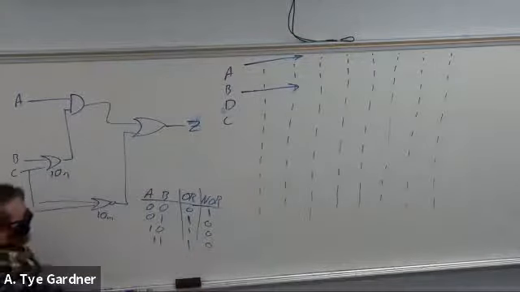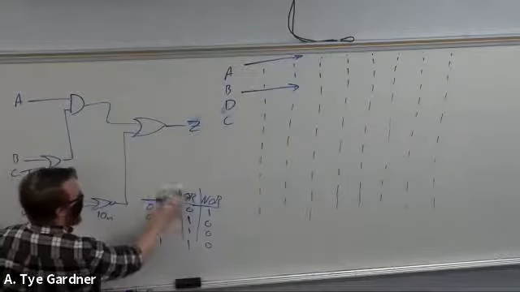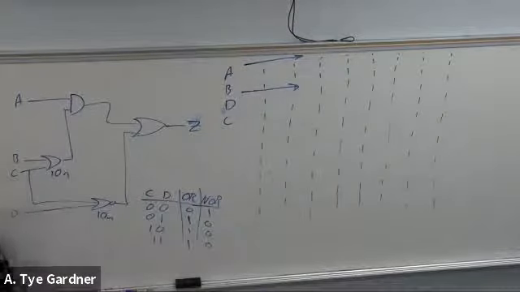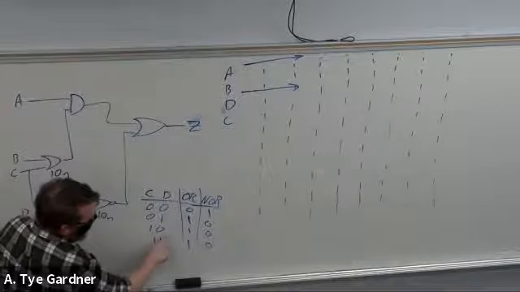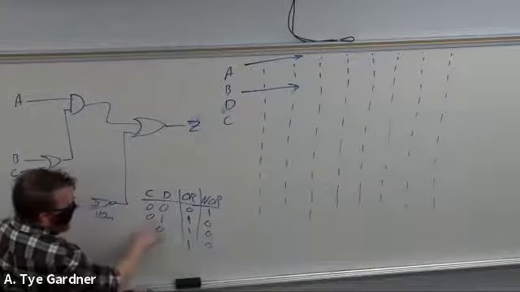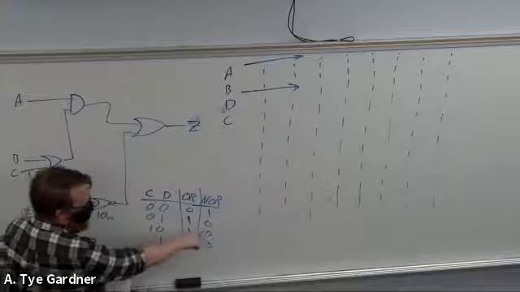Okay. So let's call it what it is instead of A and B and call it C and D. If I want this circuit to react to a change in C, what does D have to be? Well, if D is 0, then C changes. If D is 1, no matter what C does, the output is 0.